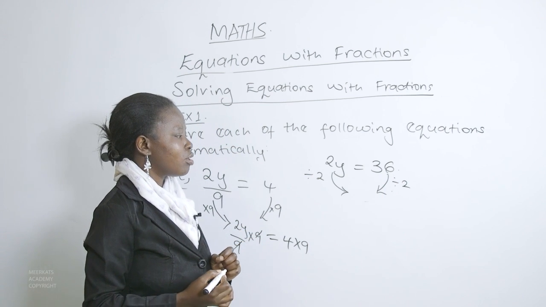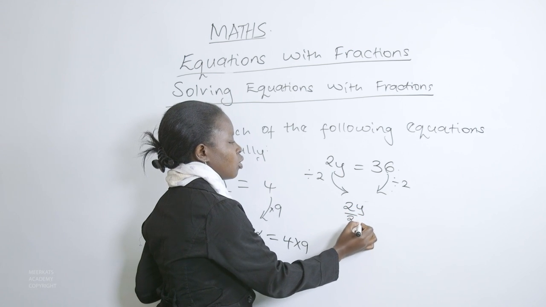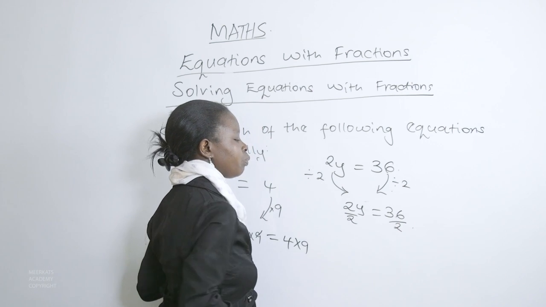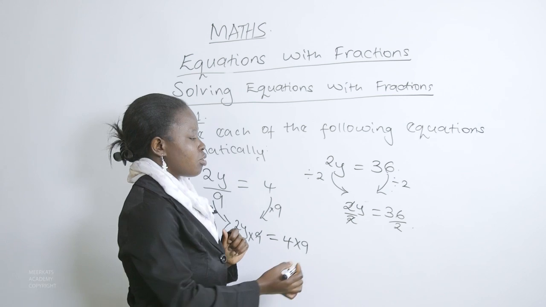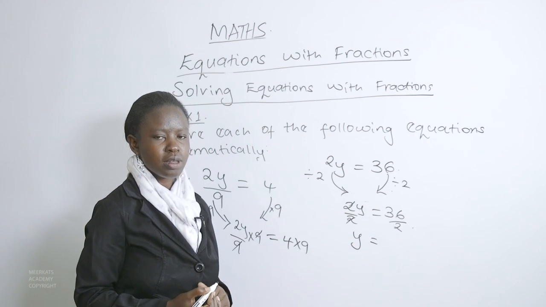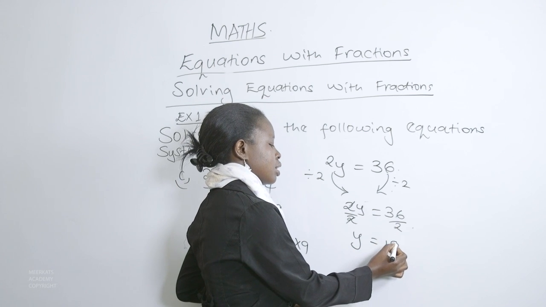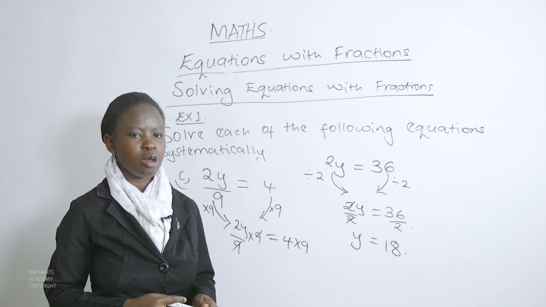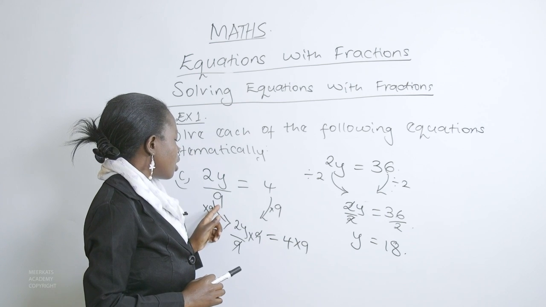When we divide by 2, it means that 2y over 2 will be equal to 36 divided by 2. 2 and 2 cancel out, so that you are left with y is equal to 36 divided by 2, which gives us 18.